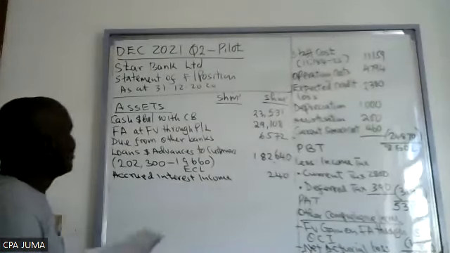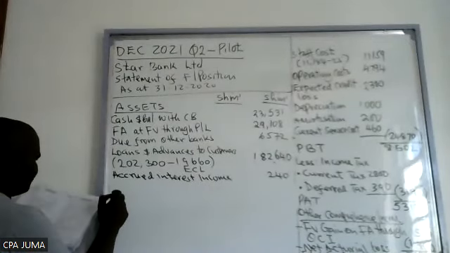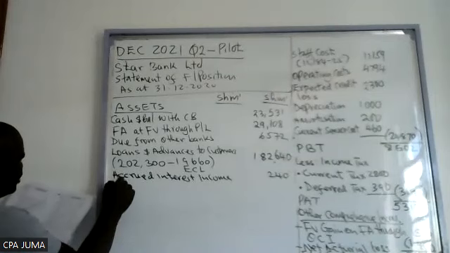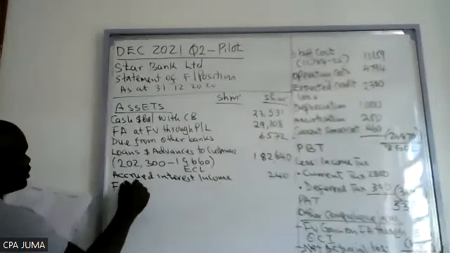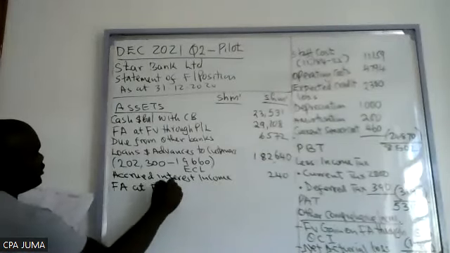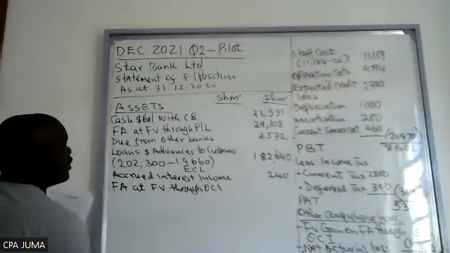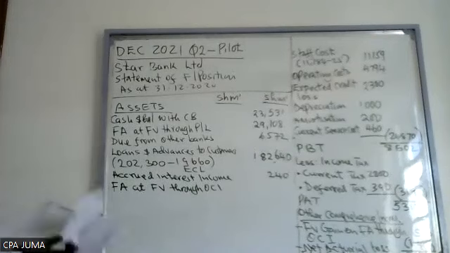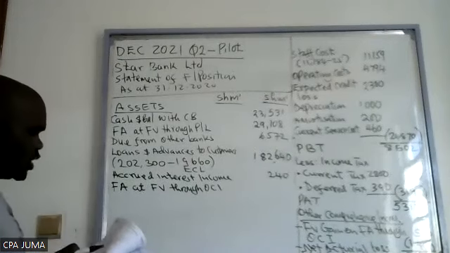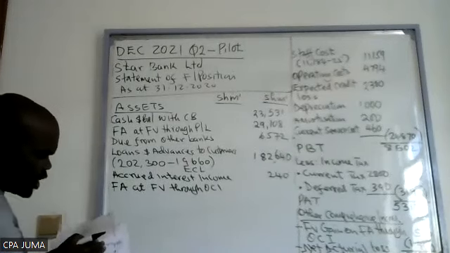I have no problem. So there was financial assets at fair value through OCI, other comprehensive. And this figure is wrong, I hope.